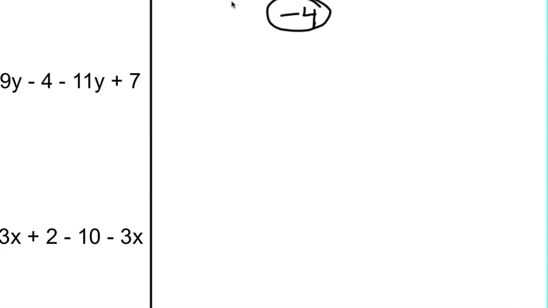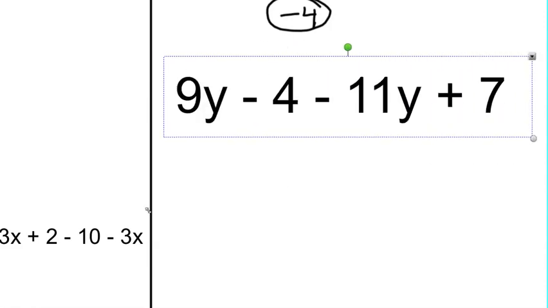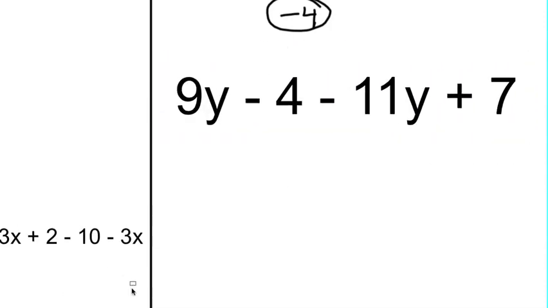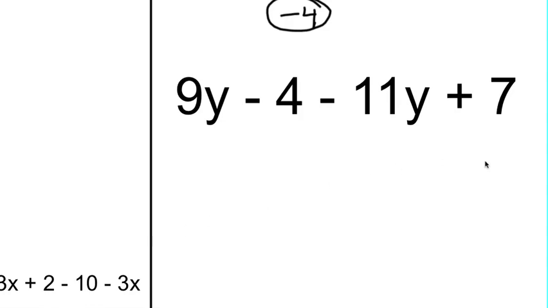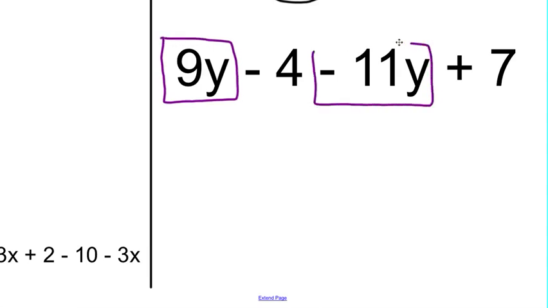So let's look at number 2, or the second one here. I'm going to do the same thing for this problem. I'm going to take my time, and I'm going to set it up with boxes and circles just to make sure that I'm noticing what are my like terms. I'm going to start with my y's. I have 9 y's here, and I have negative 11 y's here, the number and the sign in front.